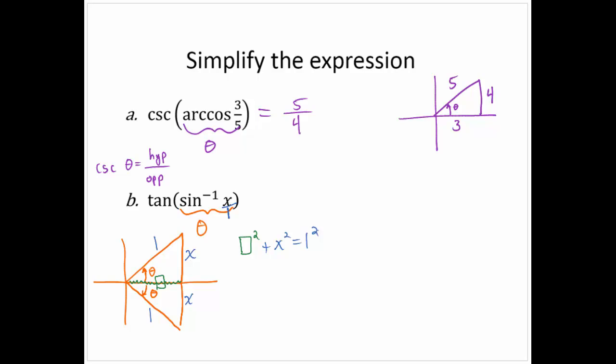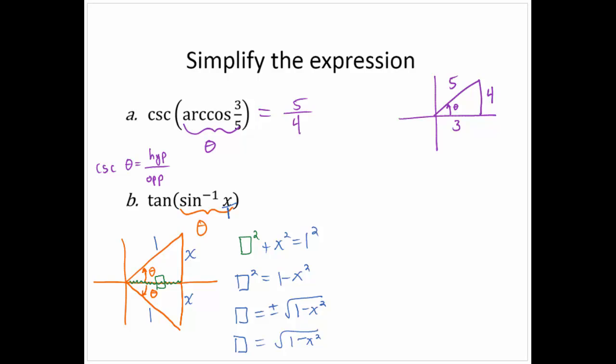So box squared would equal 1 minus x squared, and so box would equal, if I'm being careful here, plus or minus the square root of 1 minus x squared. But looking at its position in our coordinate system, that value would have to be positive, right? That distance from the origin is positive. And so I'll call box just the square root of 1 minus x squared.